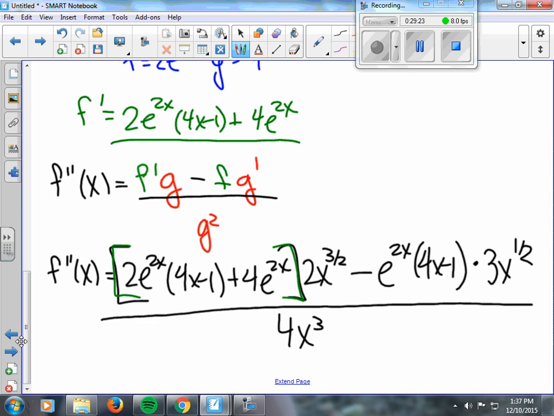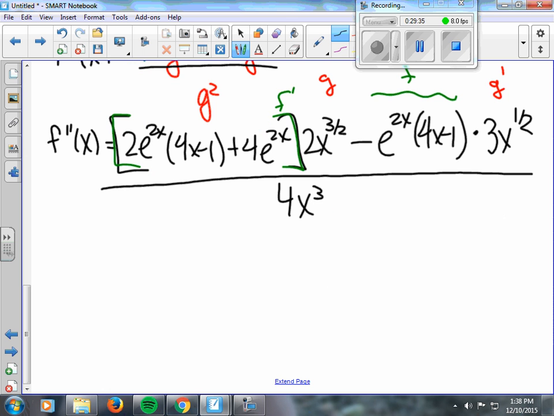Okay, so again, this is my f prime here. This was my f. This is my g, and this is my g prime. I'm going to go ahead and simplify this. Okay, and then we'll be done. In this numerator, in this green one, I have e to the 2x and 2.